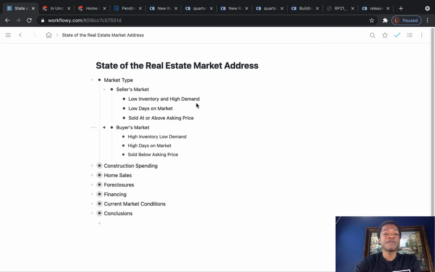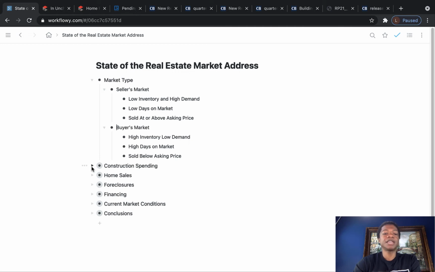In a buyer's market, you see the opposite: high inventory and low demand, high days on market, and homes being sold below asking price. With the way things look in today's market, I think it's very safe to say that we are definitely in a seller's market.